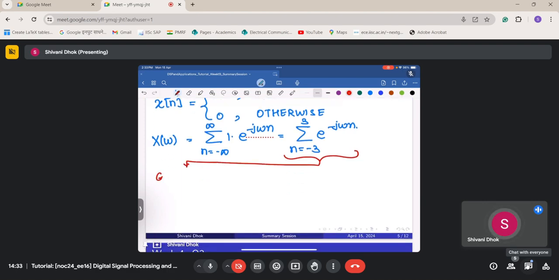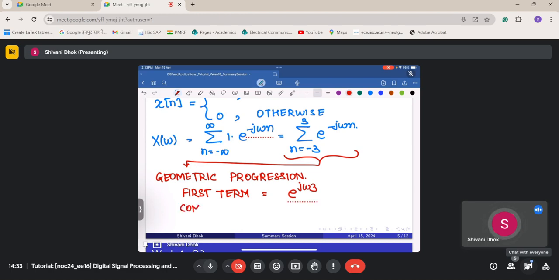Now this thing here is a geometric progression, and its first term is e power j 3 omega.